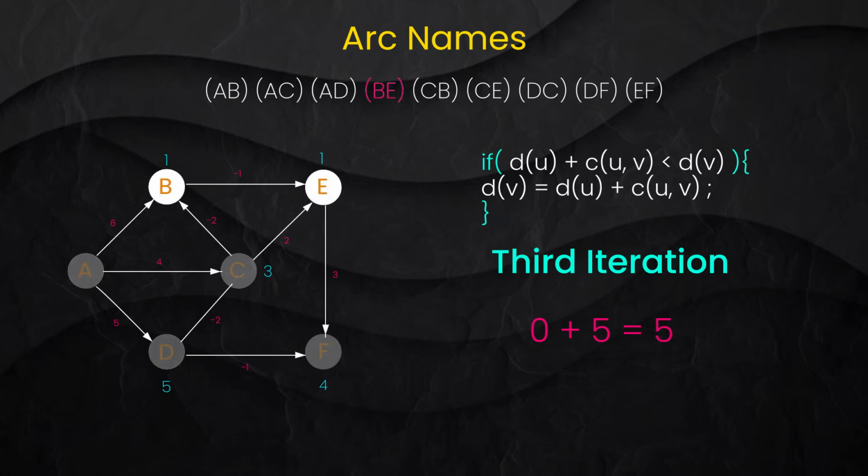Then BE. BE is 1 minus 1, that is 0. So you will be updating that.